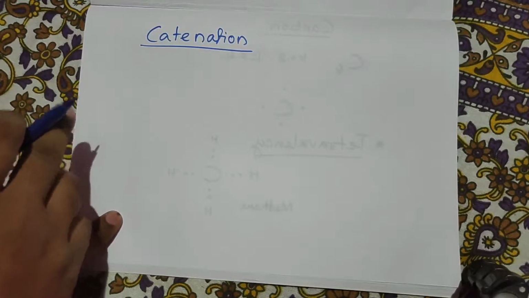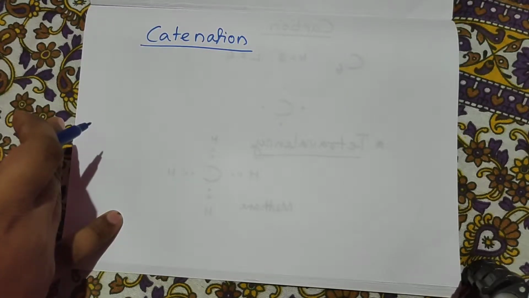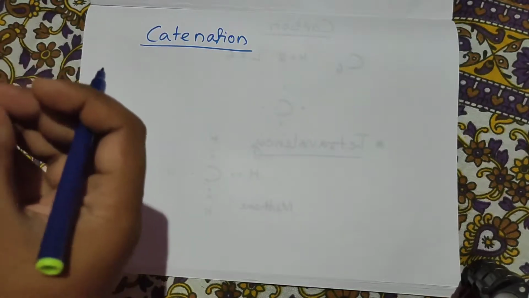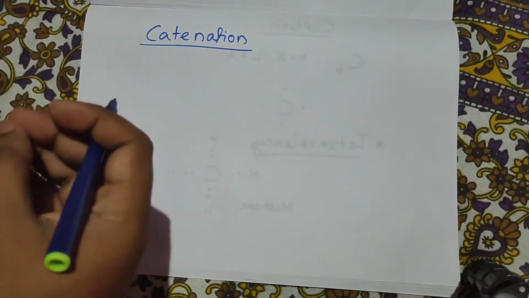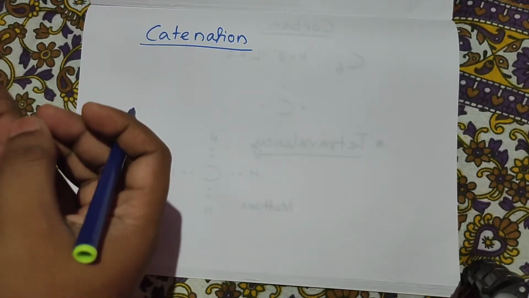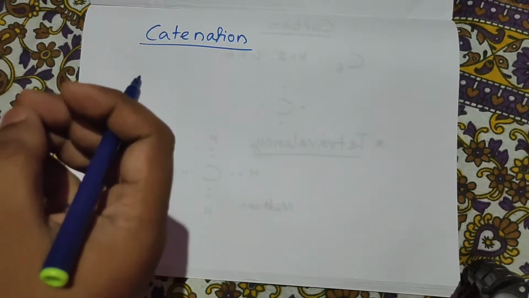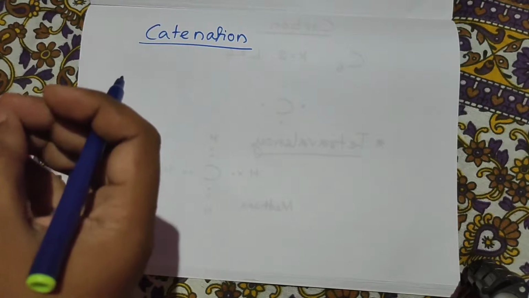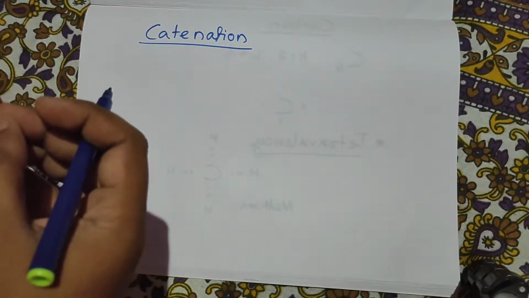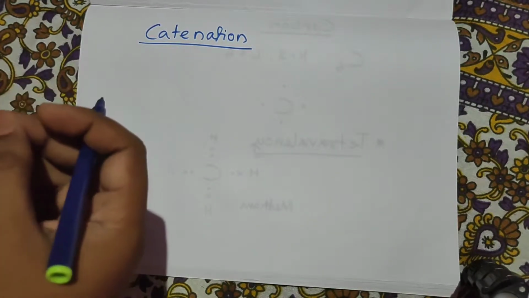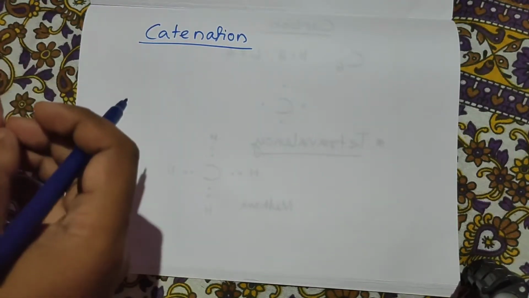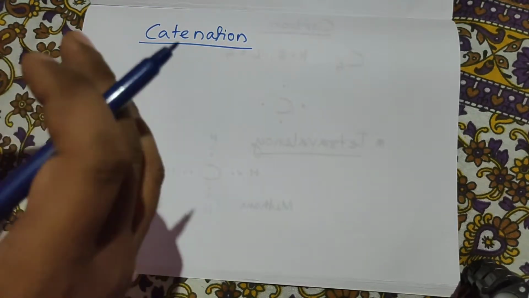The next property of carbon is catenation. This property tells that carbon atoms can bond with other carbon atoms to form different types of structures. They can form single bonds, double bonds, triple bonds to form long chains, circular chains, and branch chains.